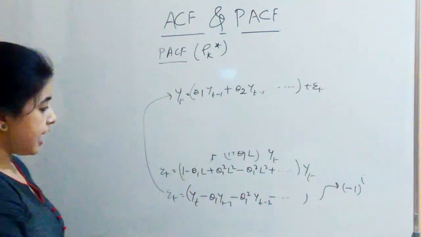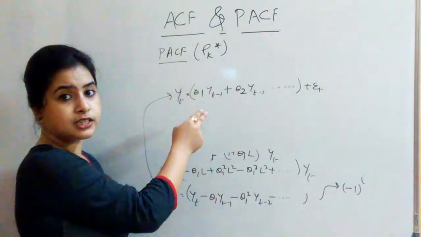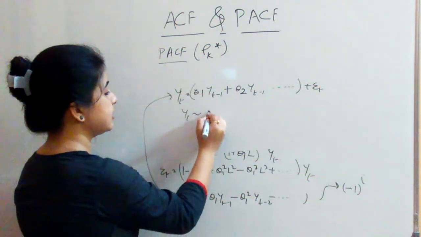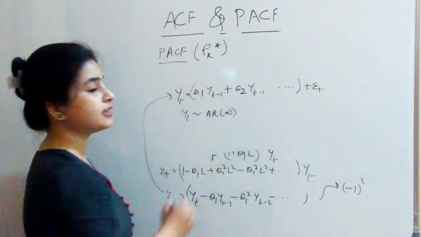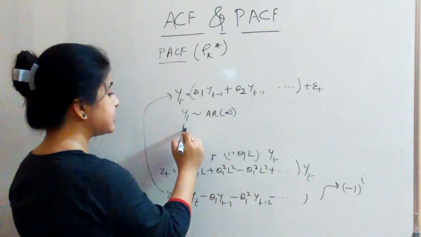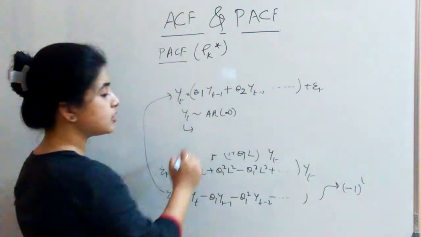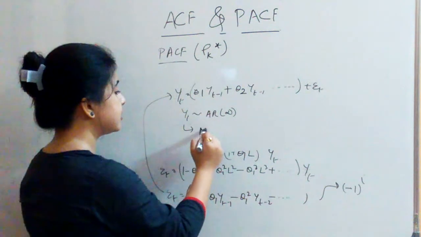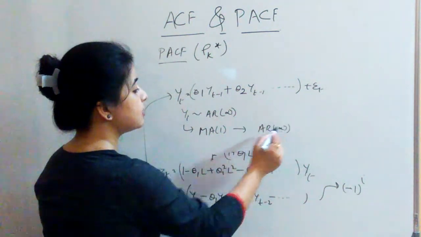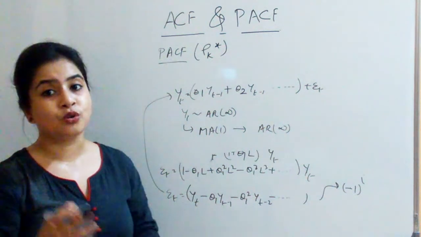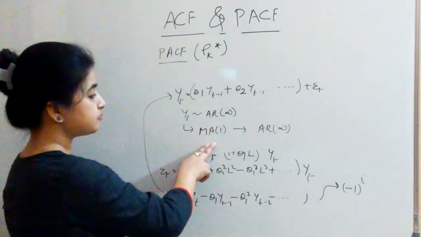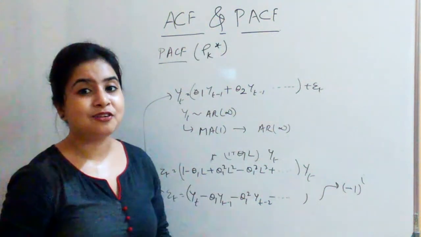So after arranging this equation into this order, we can say that this particular yt follows AR of order infinity, isn't it? Over here we are just concerned with the MA series. So MA of order 1 ultimately follows AR of order infinity. Here we have proved how the MA1 series can follow the AR of order infinity series.